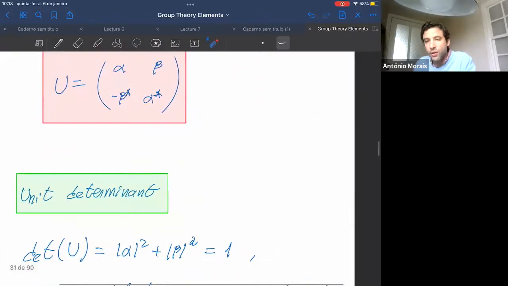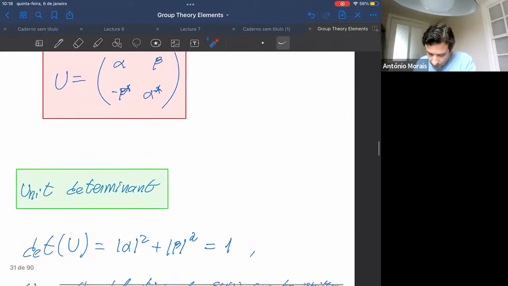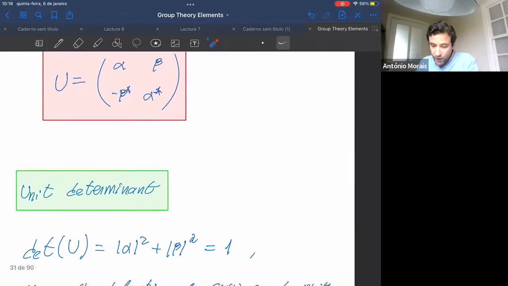And now there's another condition, which is the fact that the determinant is unity. So you take the determinant out of here: it's the product of these minus the product of these two. So it gives modulus alpha squared plus modulus beta squared. Alpha and beta are complex.